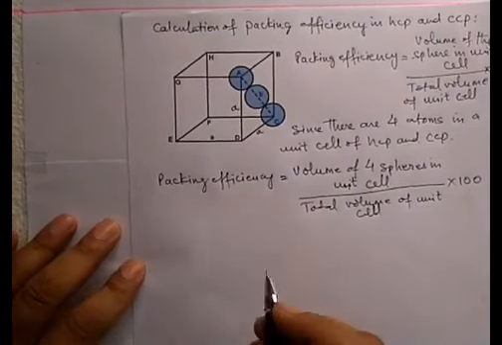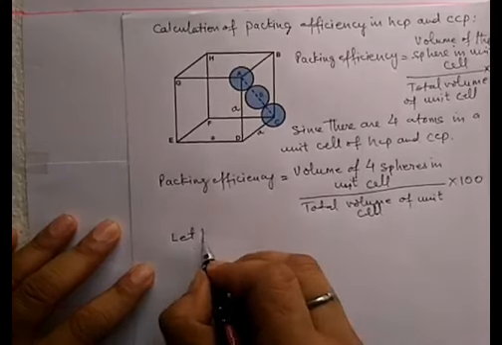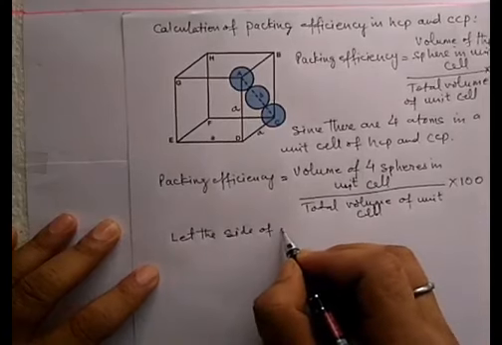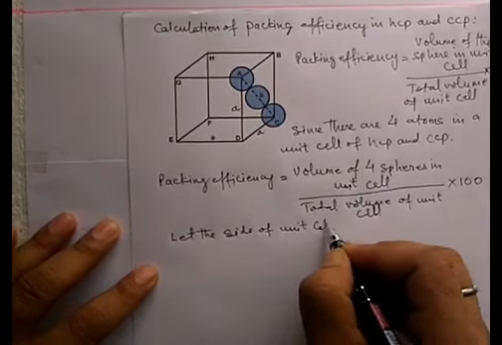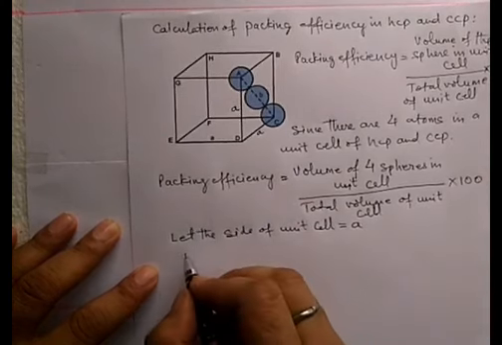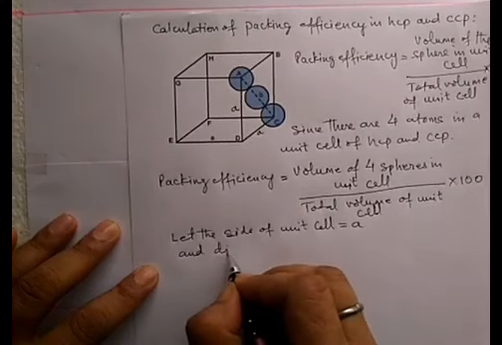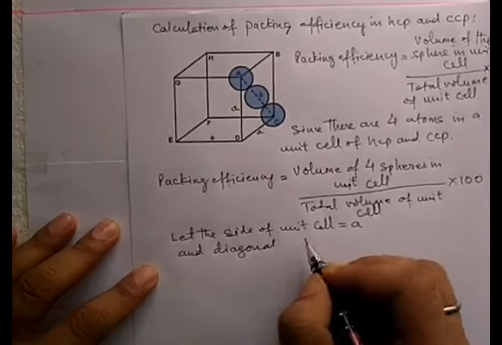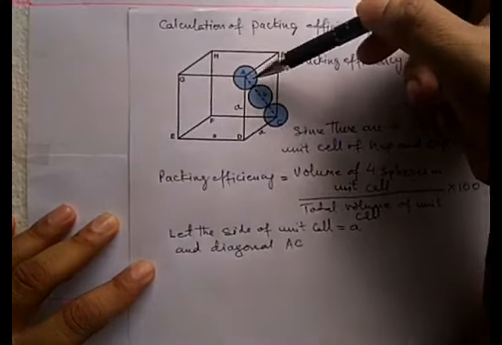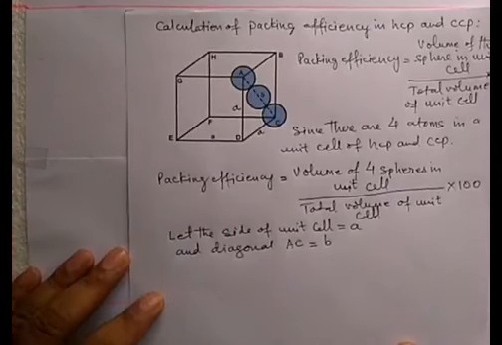Again, let the side of the unit cell be A, and the diagonal AC, where this is A and this is C, is equal to B.